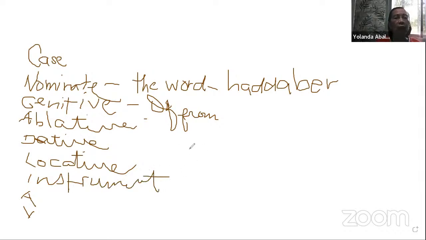So ang ating sa ablative, the equivalent for this is to. Itong dative natin ay equivalent ng preposition natin ng in. Ang locative natin ay we have of, from, dapat dito yung sa ablative ang from.